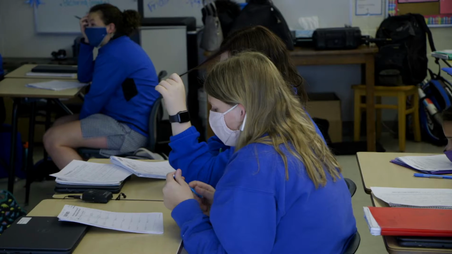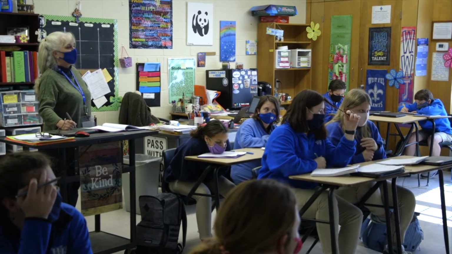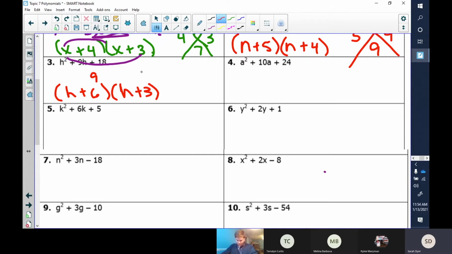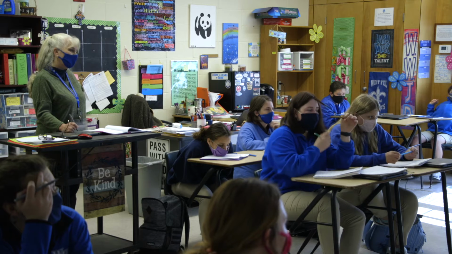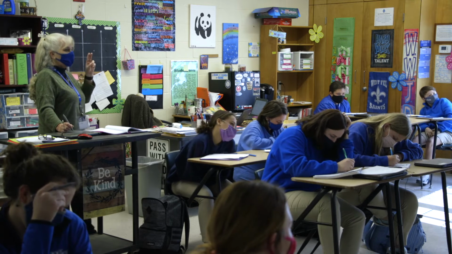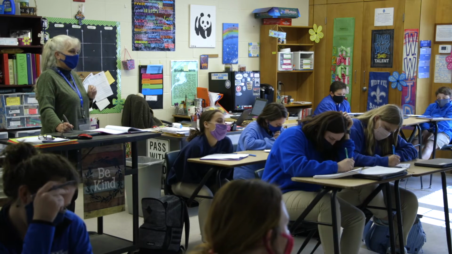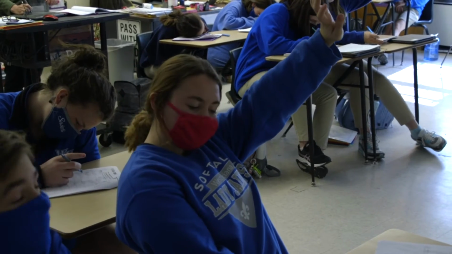I have H plus 9 times H plus 2. If you put a 9 and a 2, it does multiply to 18, but when you add them together, you don't get that middle term. So remember, we have to be thinking about 2 constraints here. The last term has to be a multiple of those 2 things, but then the middle term has to be the sum.